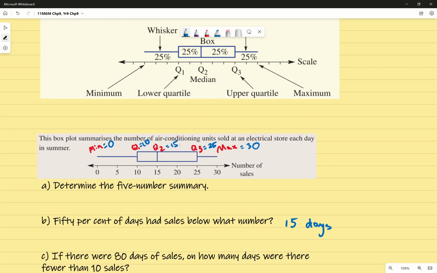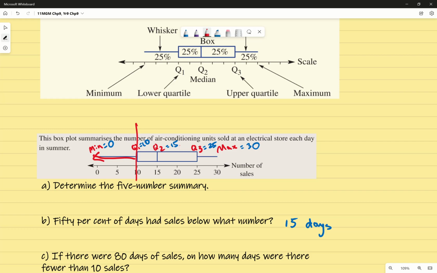If I said there were 80 days of sales, on how many days would there be fewer than 10 sales? Now, this one is a little bit trickier. Fewer than 10 sales. What percentage of days were fewer than 10 sales? Well, I know 10 is going to be here. So fewer than, is that left or right? Left.